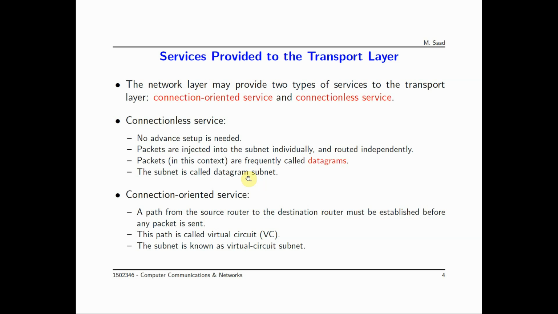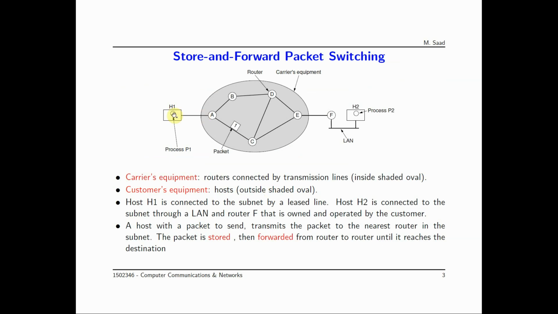Now what's the other alternative service? It's a connection-oriented service. In the connection-oriented service, imagine that host number 1 has a message that needs to be delivered. Again, as usual, let's make the nice assumption that this message is large. It's like an email that has a large attachment. So we have a message of a large size, and this message needs to be divided into smaller packets.